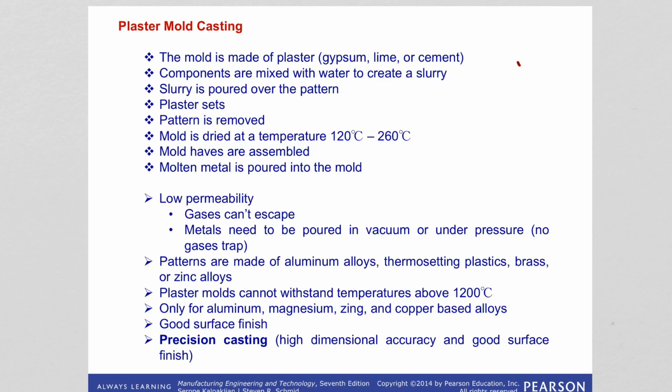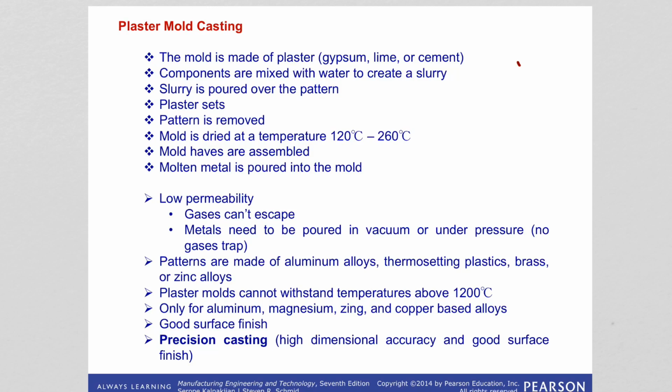So these are the basic steps, and typical parts we obtain with plaster mold casting are gears, fittings, tooling, ornaments. Plaster molds have very low permeability.